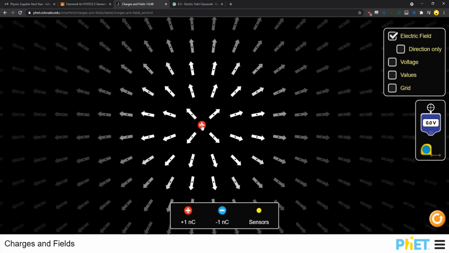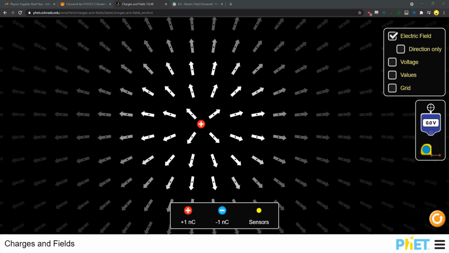One more question though, this is unrelated. Why are the lines dimming near the outer edges? Why does it get more dim? What does that signify? Because the electric force is less. The farther away you get from this object, the less electrostatic force you feel.